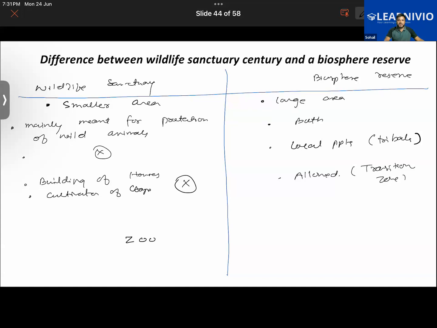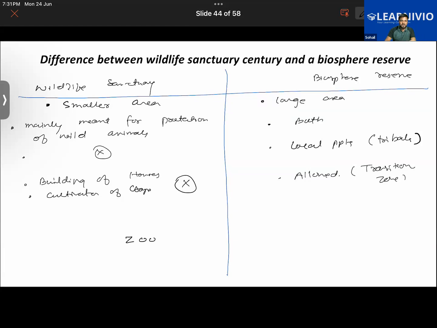Also, a zoological garden serves as a place where children and educationists visit to interact with the animals, get to know their behavior, and understand them. In that manner, they are important. In another class, we will learn about the difference between a wildlife sanctuary and a zoological garden.